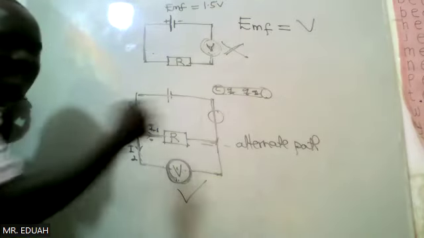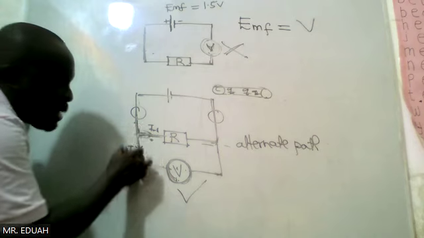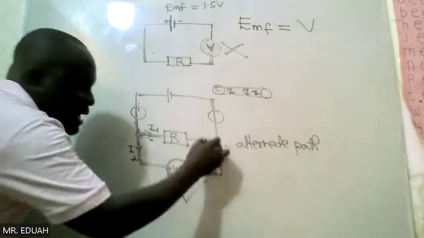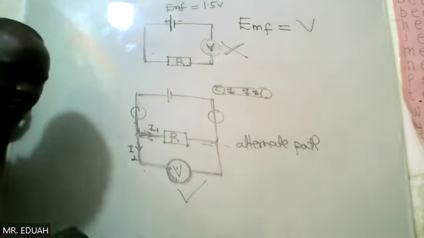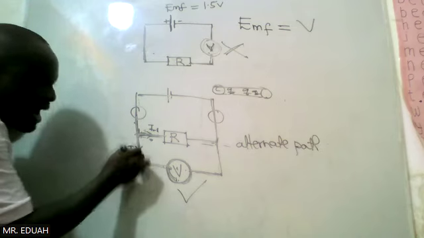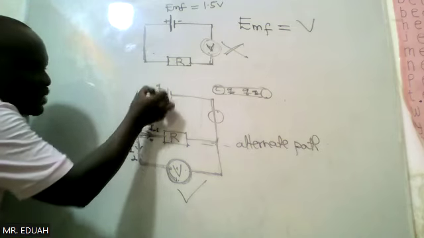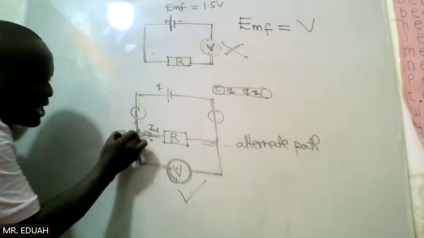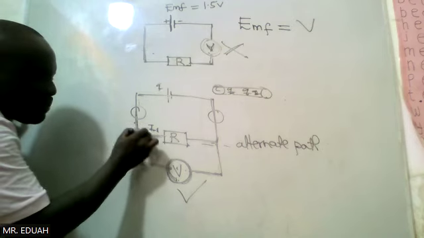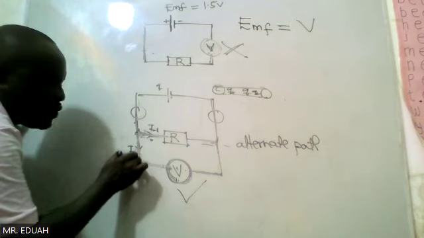So give it a second path. The second path is the parallel connection. Now, when you give it a parallel connection, charges or current from the source, when it gets to the junction, will break up. Part will go here, part will go here.